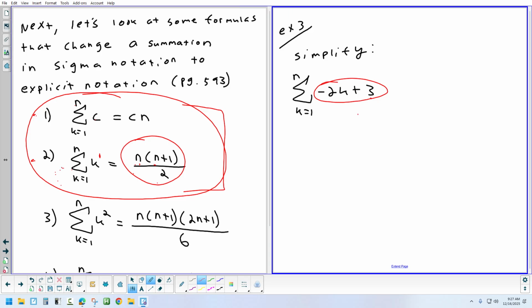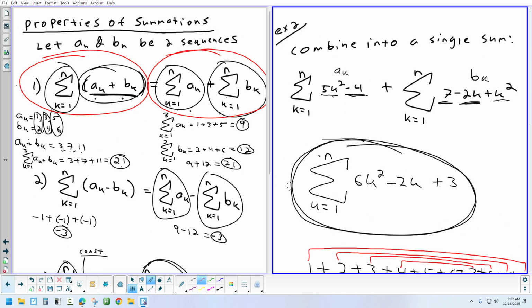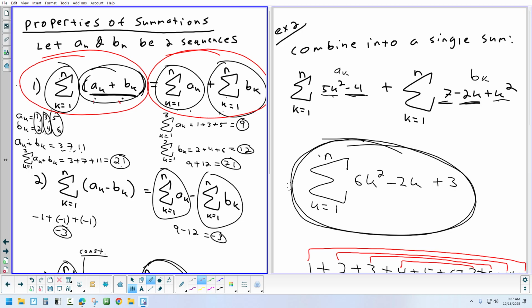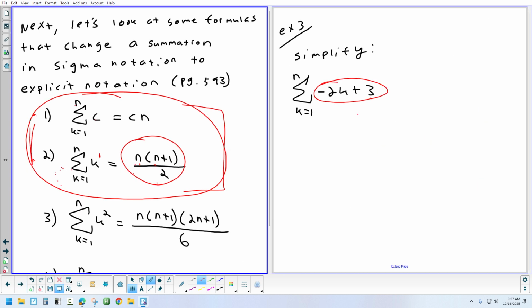But what we need to do with that sigma is break it into 2, just like rule 1. You've got something that's combined together, 1 sigma. Let's split it into 2. And as we split it into 2, it's going to get simpler, and then hopefully it'll match one of these two right here.